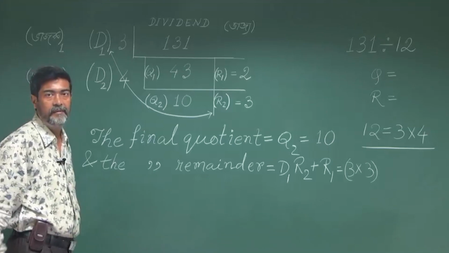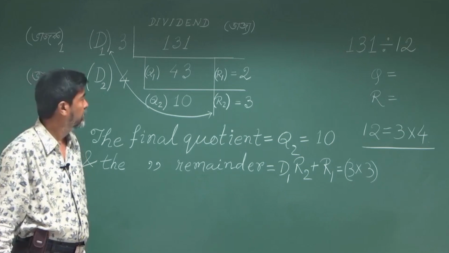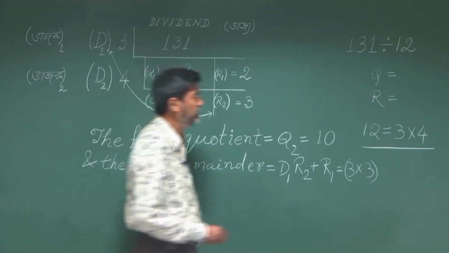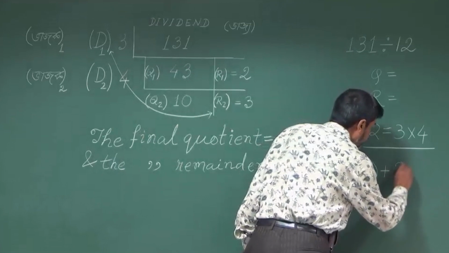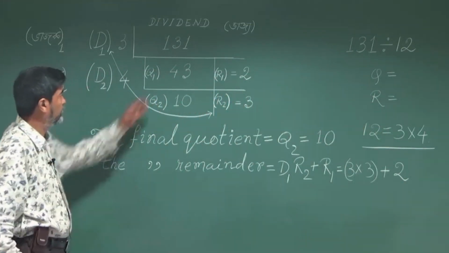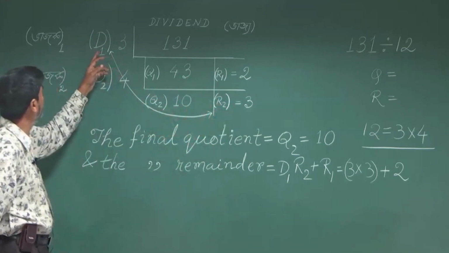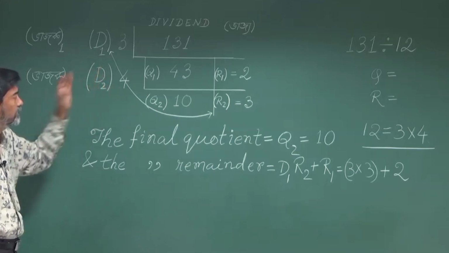What's the value of R1? Anybody? Yes, you were right. The value of R1 is 2 here for this very particular division. For this very particular division, we have Q1 43, R1 2, Q2 10, and R2 3, and the first divisor D1 is 3, second divisor D2 is 4.